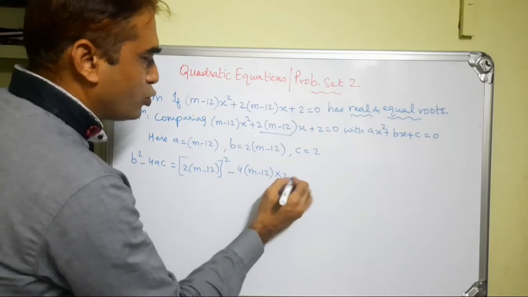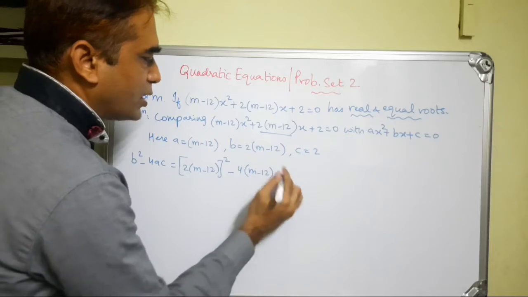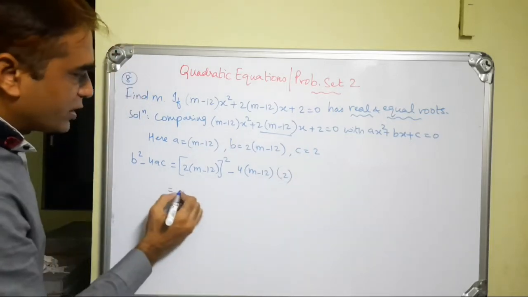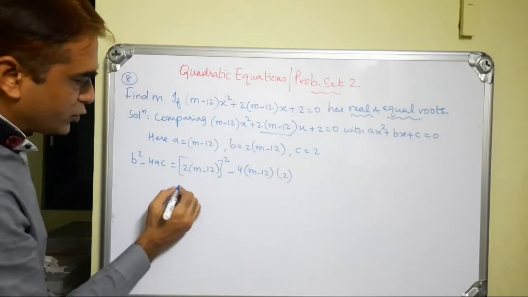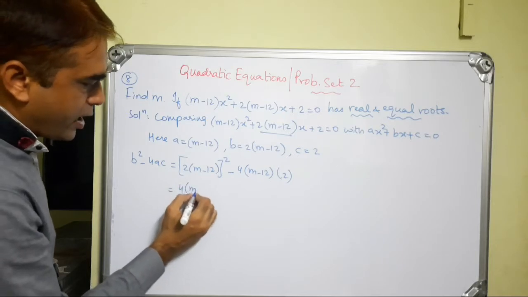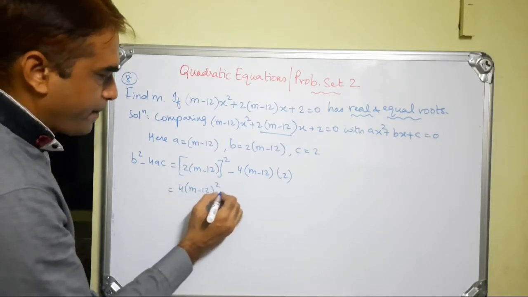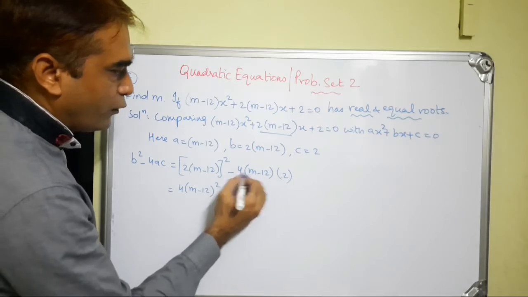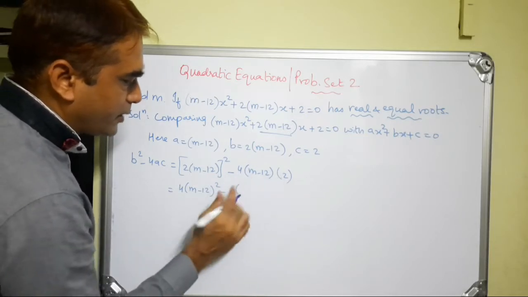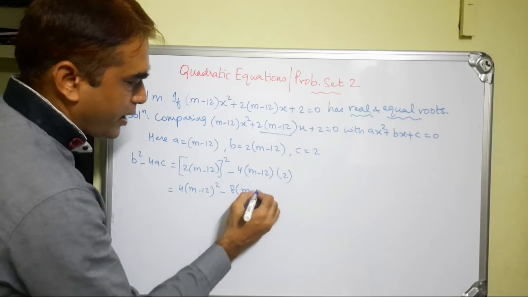You can write it into 2 or in the bracket. So this is 2 squared is 4 and (m − 12)² minus, now 4 twos are 8, 8(m − 12).